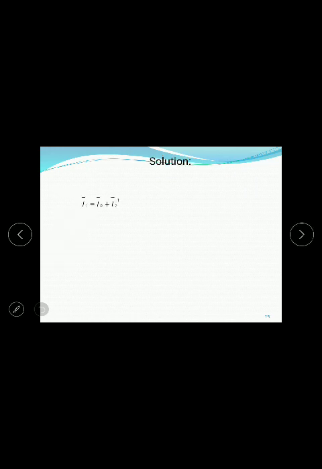So now I1 bar is equal to I0 bar plus I2 dash bar. So 5 angle of minus 78.46 plus 100 angle of minus 36.86.